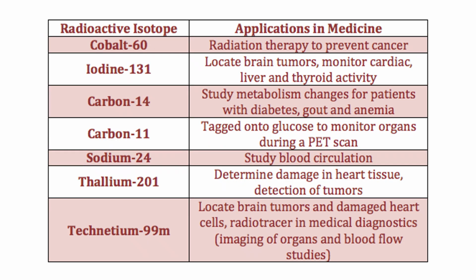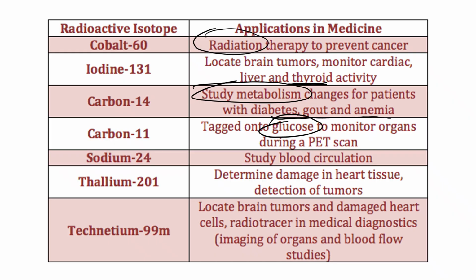Here are a bunch of isotopes that are relevant to medicine. If I give you a list, you're probably going to have to know these. Cobalt-60 is used in radiation therapy to treat cancer. Iodine-131 is used for brain tumors and to monitor cardiac, liver, and thyroid activity. Carbon-14 is used for diabetes, gout, and anemia to study metabolism changes. Carbon-11 is used in a PET scan to target glucose to monitor organs.